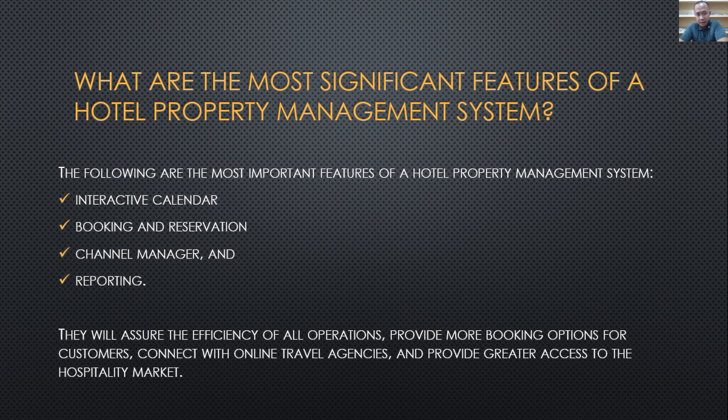So they will assure the efficiency of all the operations, will provide more booking options for our customers, and also connect with online travel agencies and provide greater access to the hospitality market.